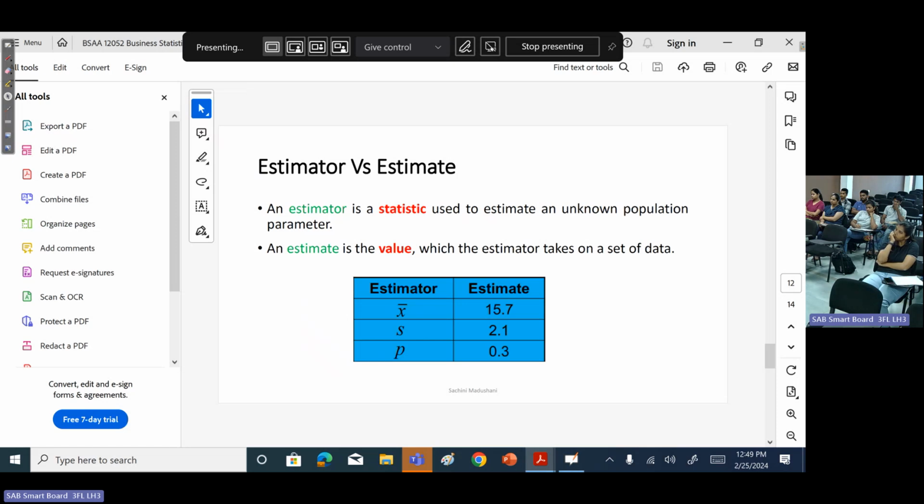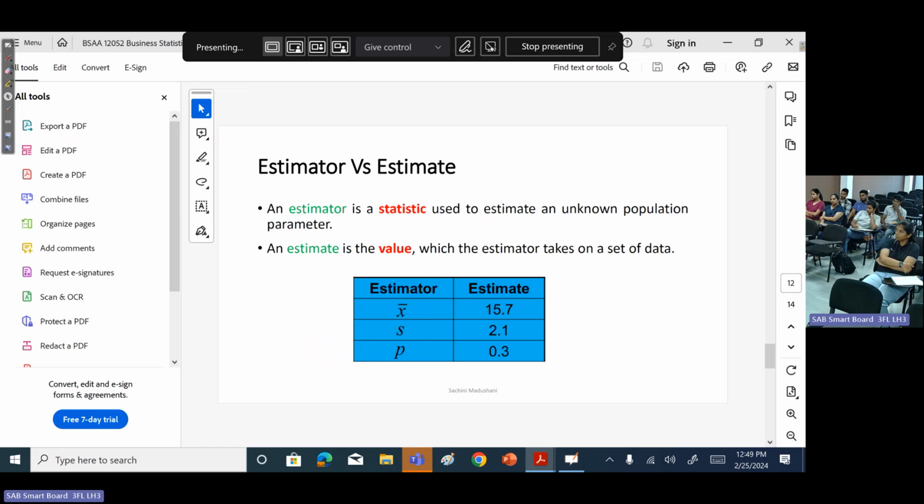Then think, if you want to calculate the population mean, we use the sample mean as the estimator. Then we calculate the sample mean and we got the value 12. The value is 12, so 12 is the estimate. Understood?